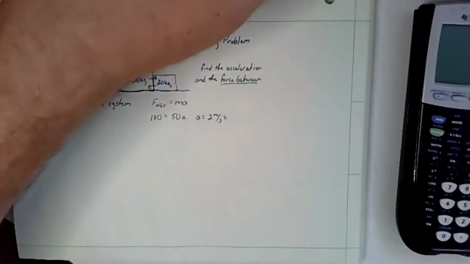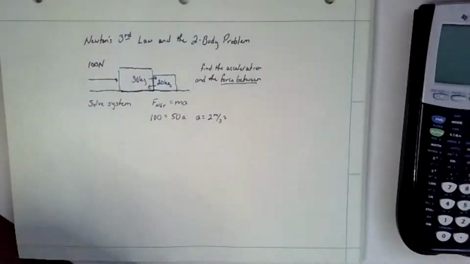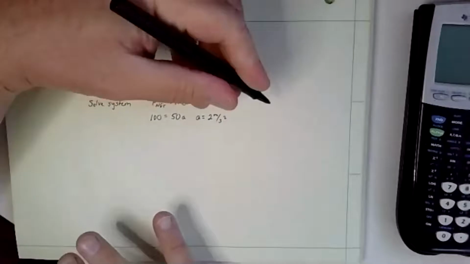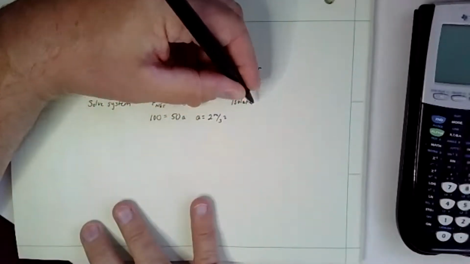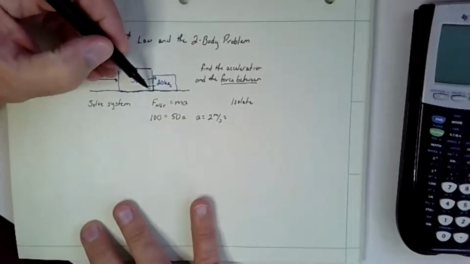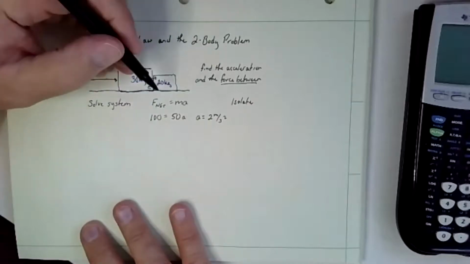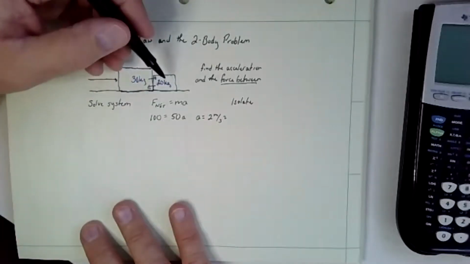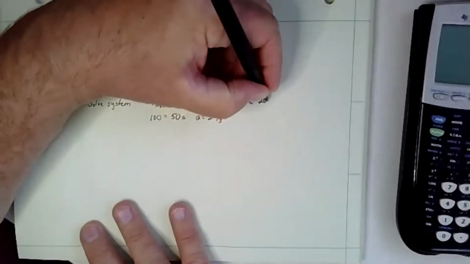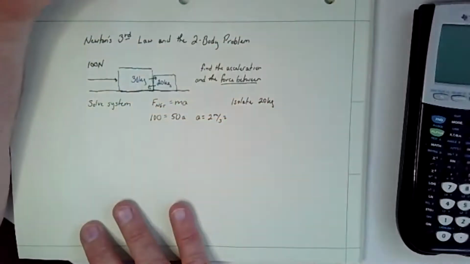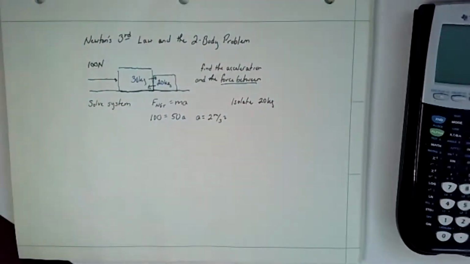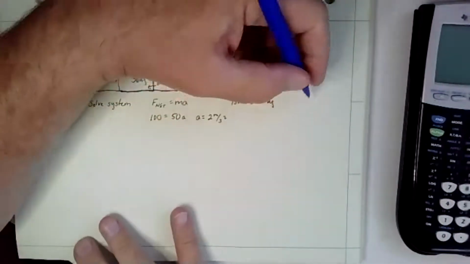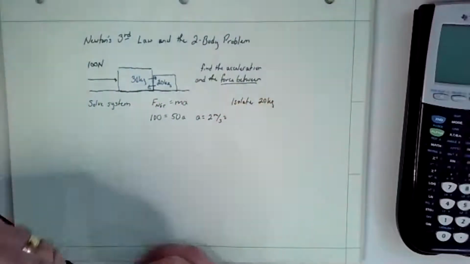And so my acceleration is equal to 2 meters per second squared. And then now we can isolate. So the force in between was not a player when we did the whole system because it's an internal force. But if we isolate the 20 kilograms, then you can see that there are 20 kilograms.